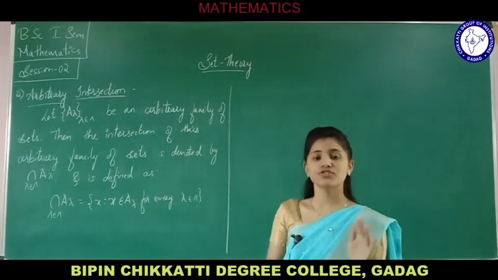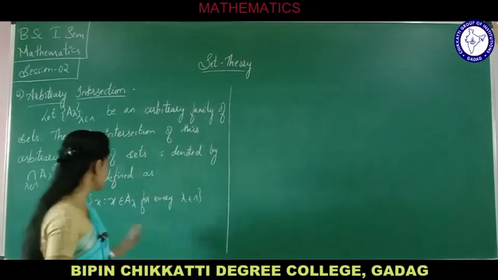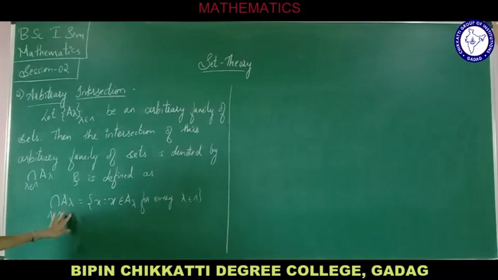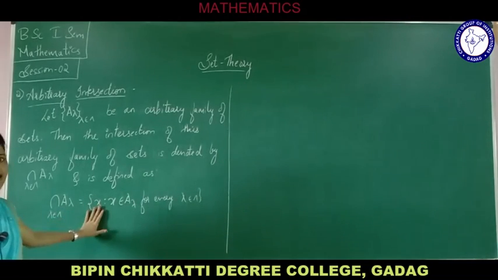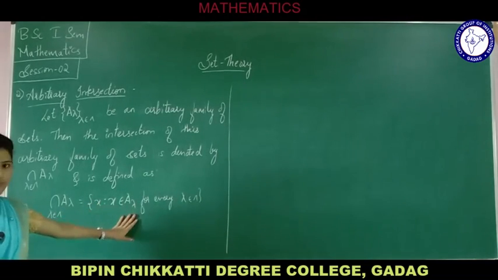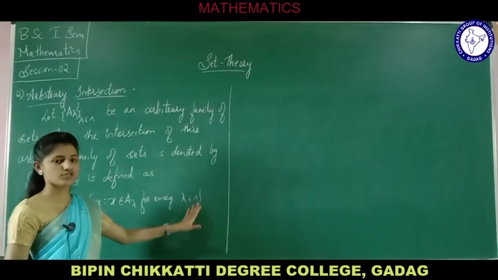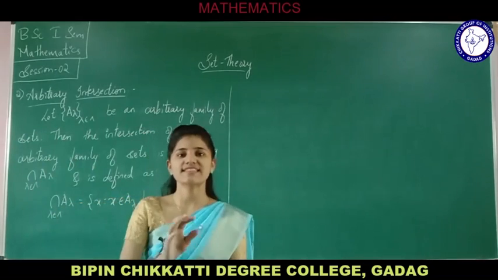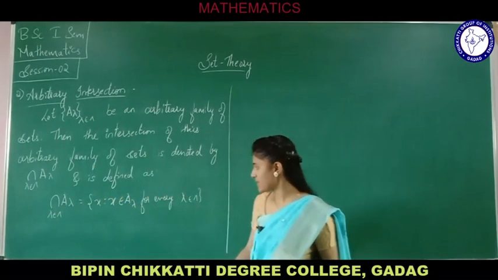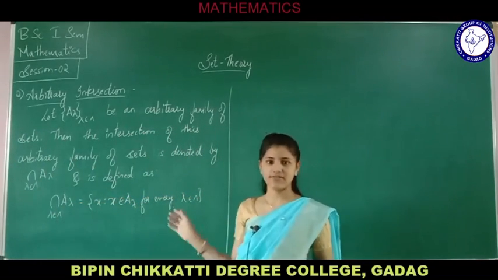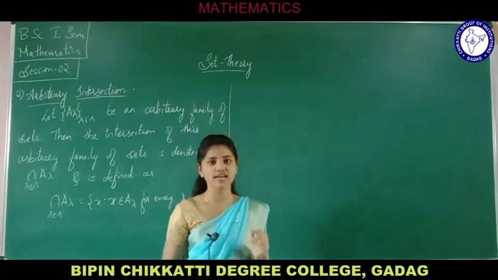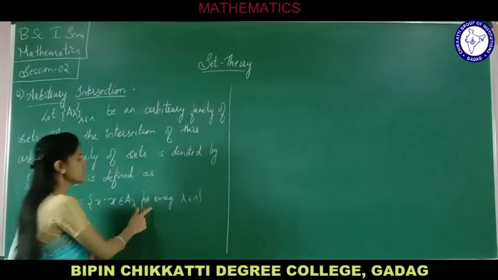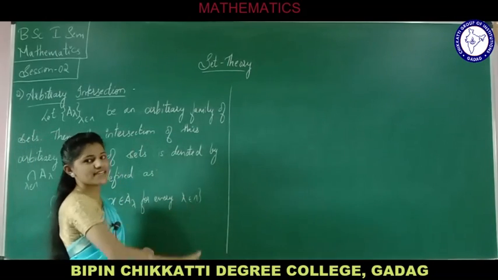We denote it as intersection of A lambda, lambda belongs to the indexed set, and we define it as x such that x belongs to A lambda for every lambda belonging to the indexed set. See, in the arbitrary union we said that for at least one lambda belonging to the indexed set, whereas for the arbitrary intersection it should hold for every lambda belonging to the indexed set.